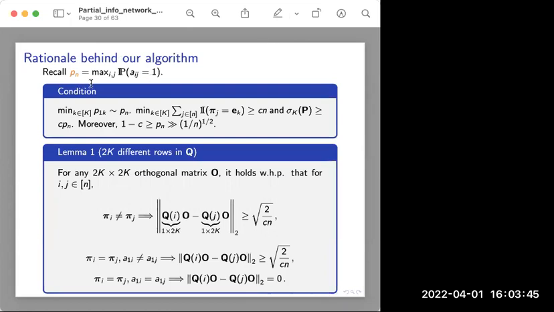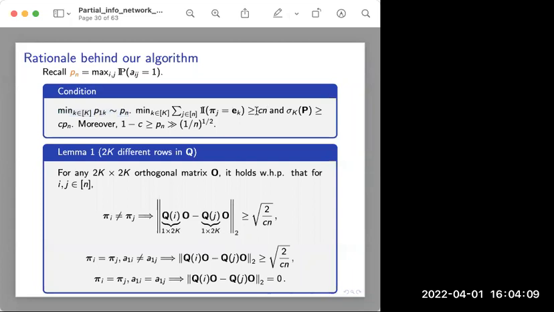Now recall p_n is the maximum of the connection probability over the whole matrix. And we also need some regularity conditions, right? The first one is similar to what I showed earlier here. Now, without loss of generality, we are assuming individual 1 always belongs to community 1. So this is a condition similar to what I showed before.